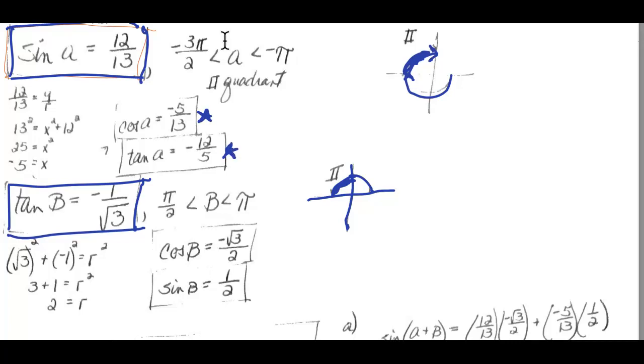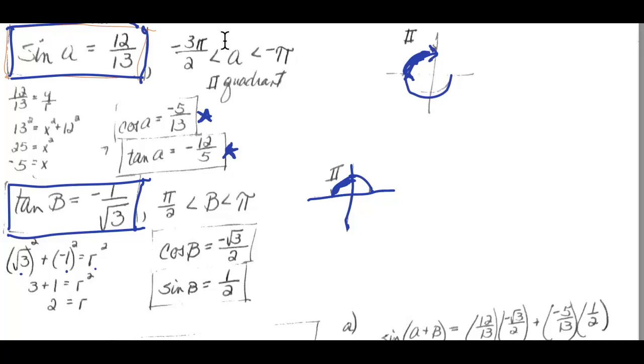Then when I go back down here to find the cosine and sine of beta, I use the same idea, that x squared plus y squared equals r squared. For x, I'm using the square root of 3. Y is -1 because tangent is defined as y divided by x.